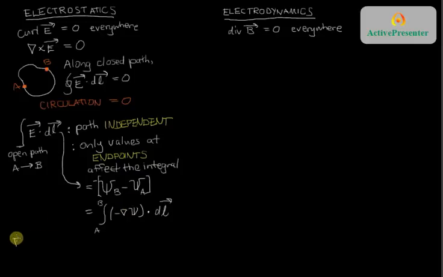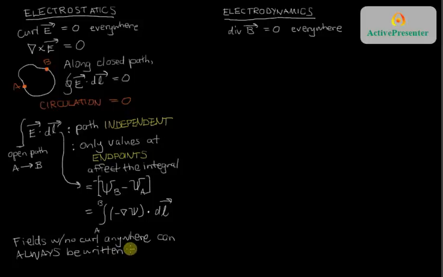Therefore, we would say that fields with no curl anywhere can always be written as the gradient of a scalar field, which we are calling in this case psi.